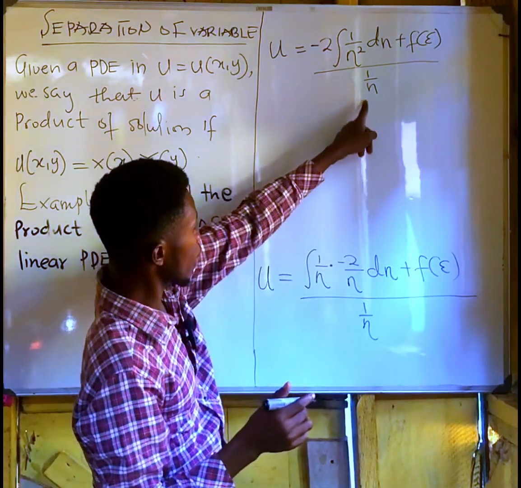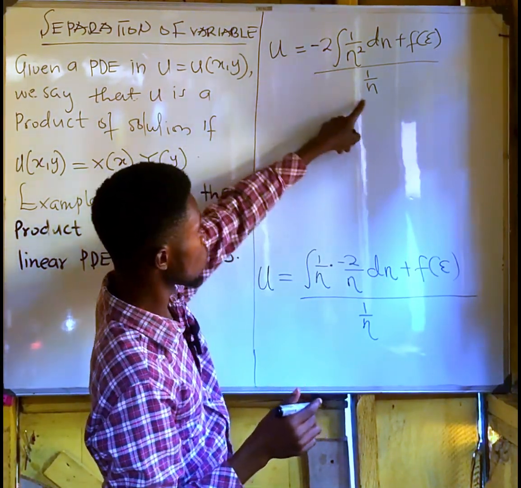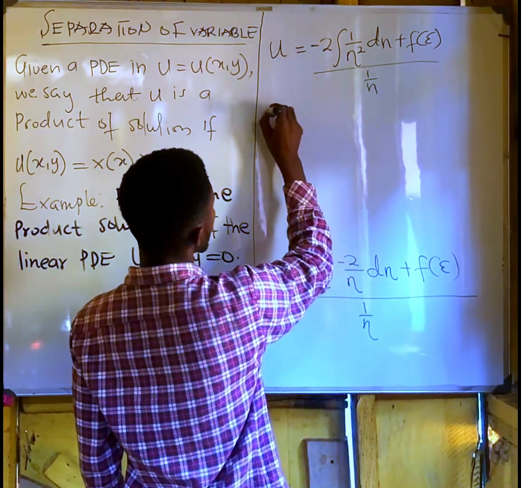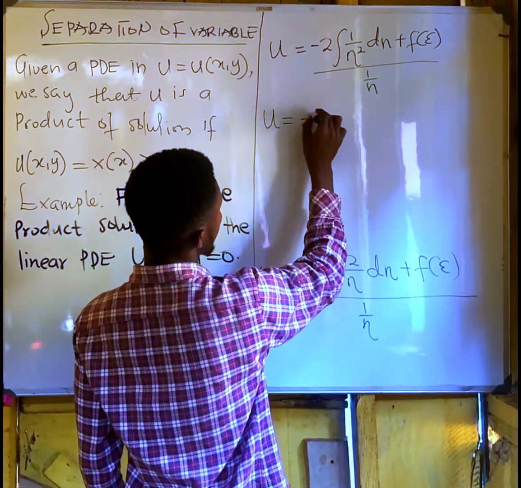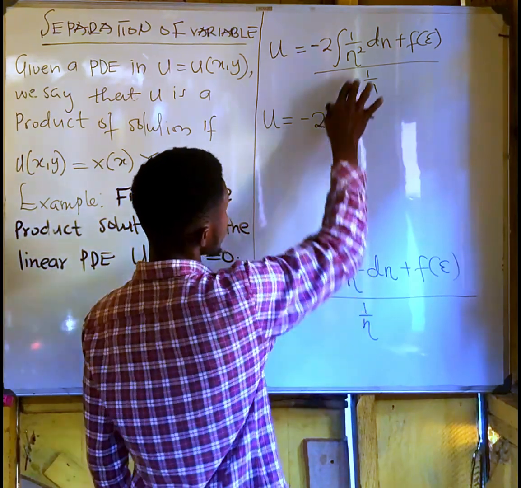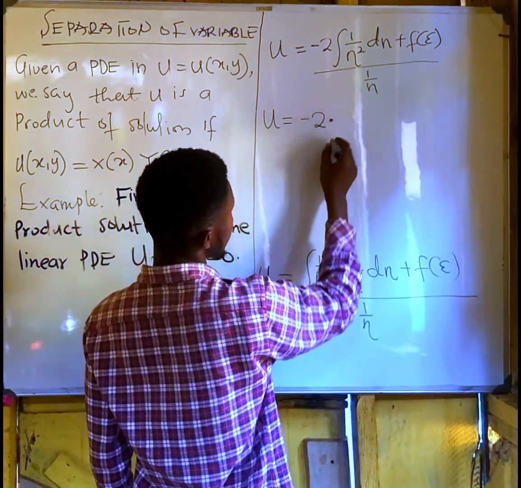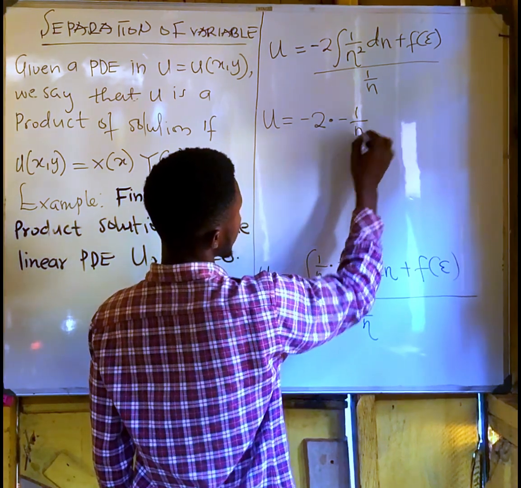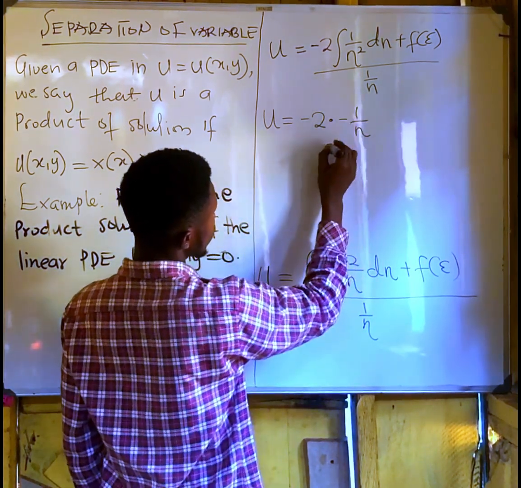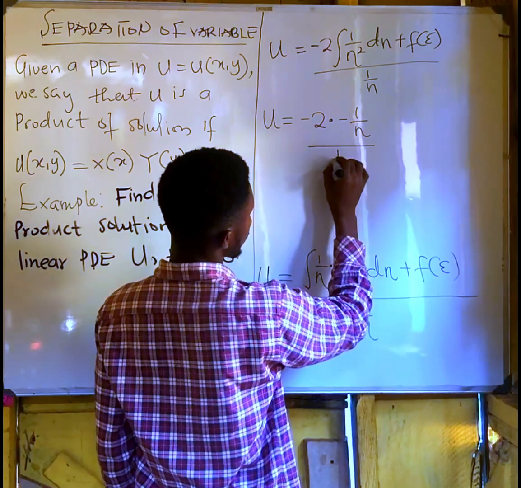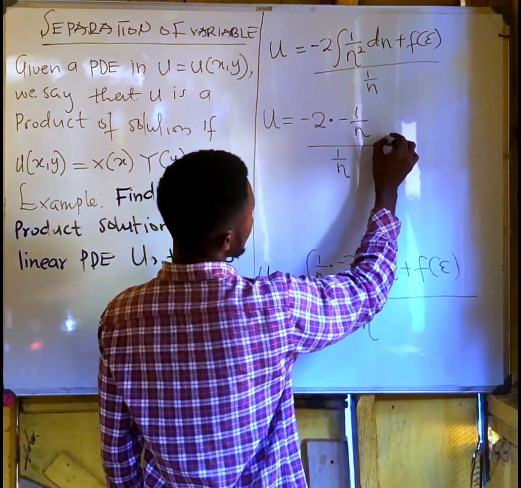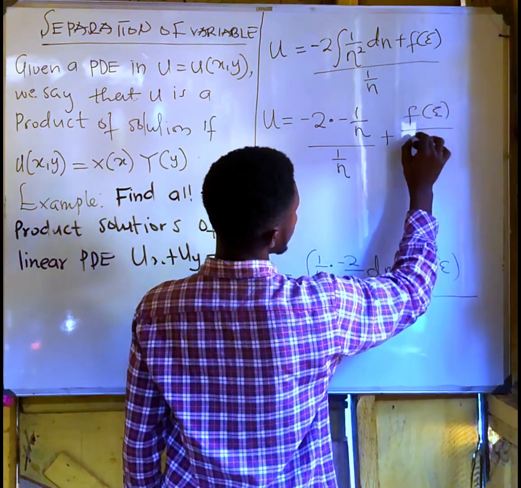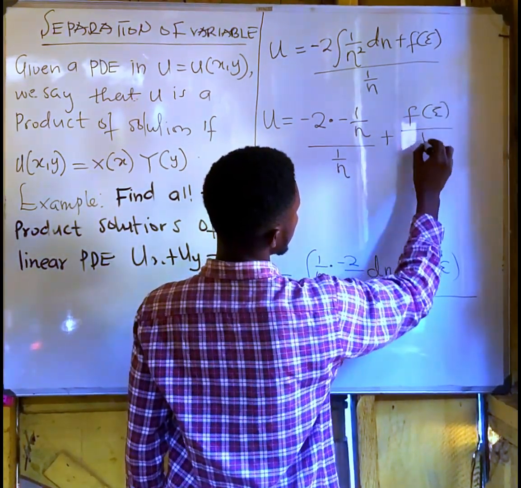But you know this 1 over eta is the same as multiplying by eta. Okay. Now let's integrate this. If I integrate this one, I'm going to have negative 2 multiplied by negative 1 over eta, divided by 1 over eta, plus f of xi also divided by 1 over eta.